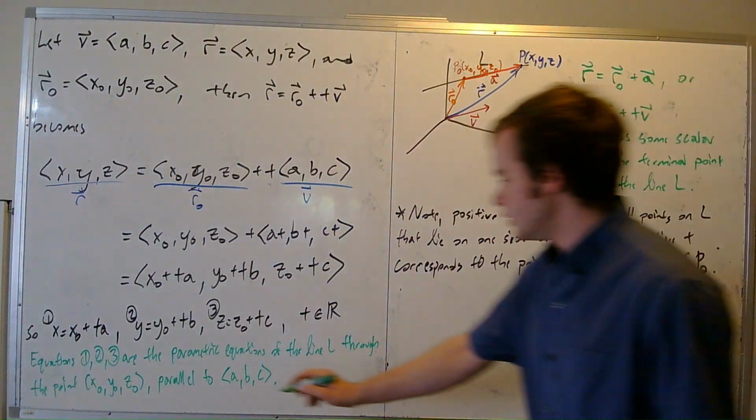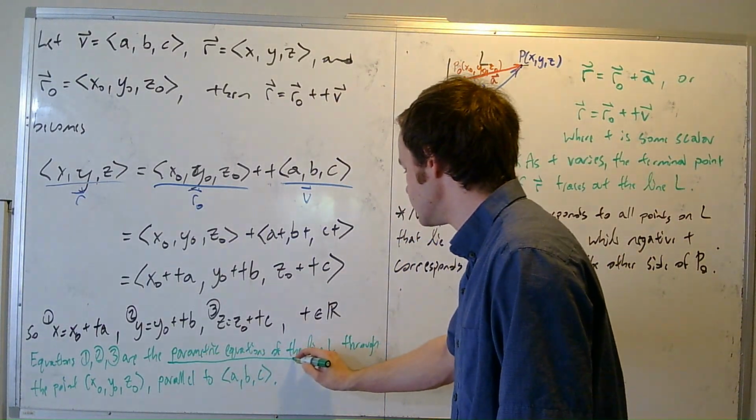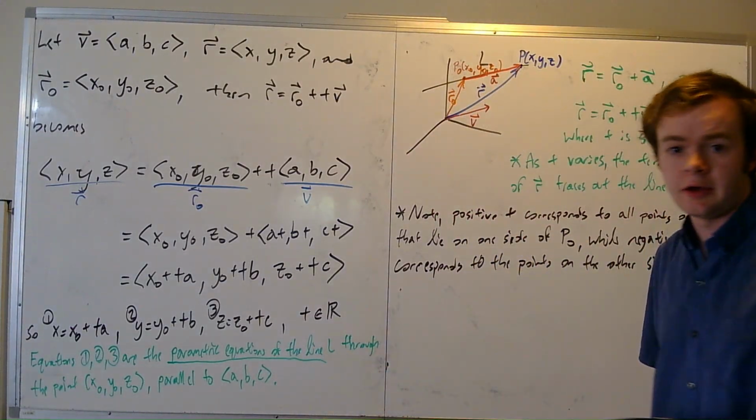So we have a name for these. They're called parametric equations of the line L.